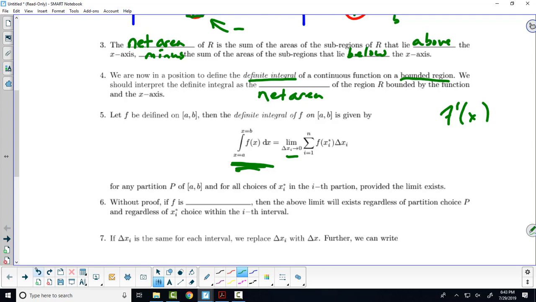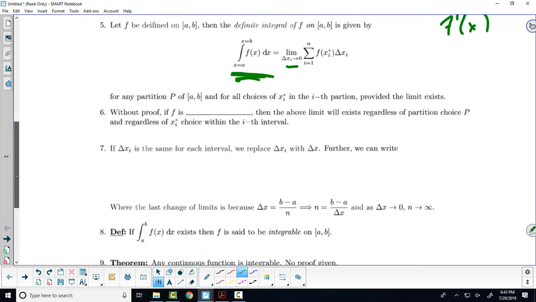Okay? But what we'd like to do is go ahead and make this a little bit easier on the eyes. So first of all, let's say if f is continuous, then this above limit will exist. Remember, we've always had to put "provided the limit exists" when we gave the limit definitions. Right here I put it, provided the limit exists.